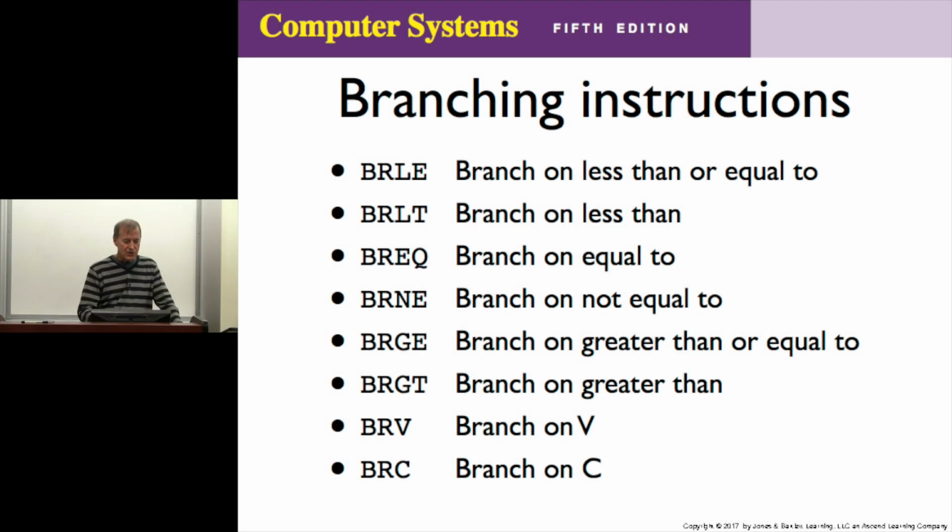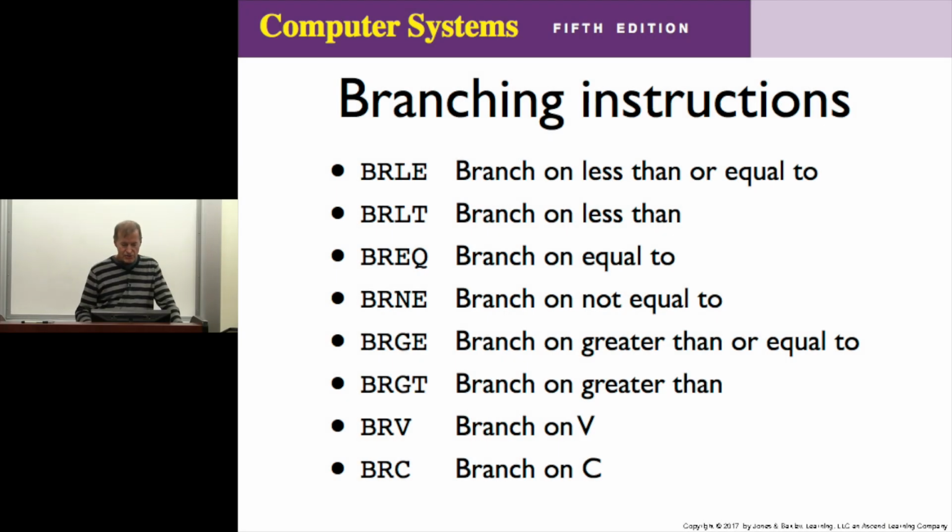And C is set if there's a carry out from the most significant bit, and you're not considering it to be the signed bit. It's just the carry out. You remember how to do those computations, right?